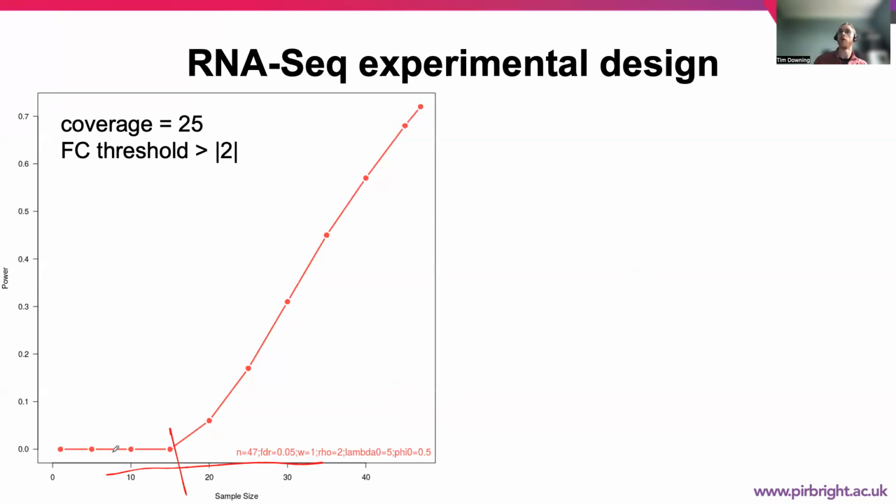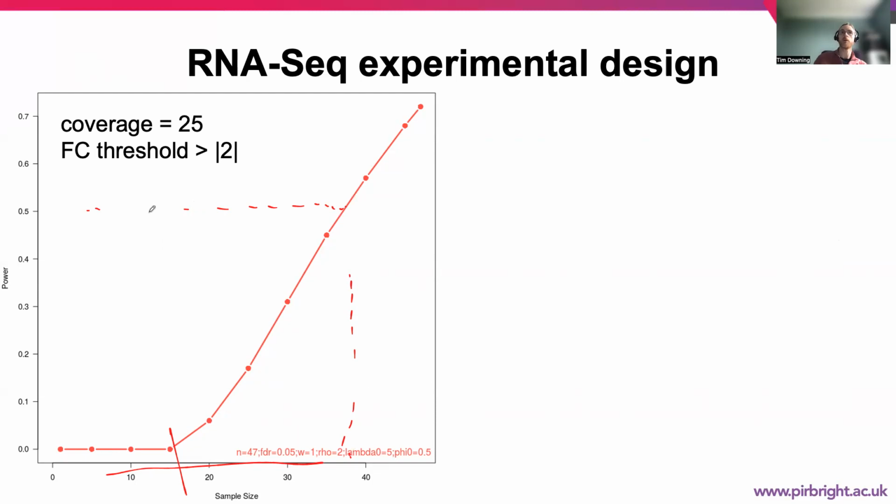Basically we're looking at noise. And as it increases, we pass the threshold of about 50% over here, maybe that's about 36. And then if we want 80% power, we're looking at over 50.